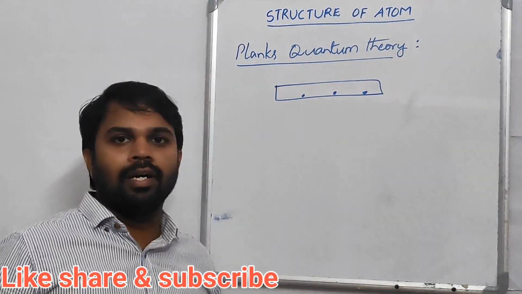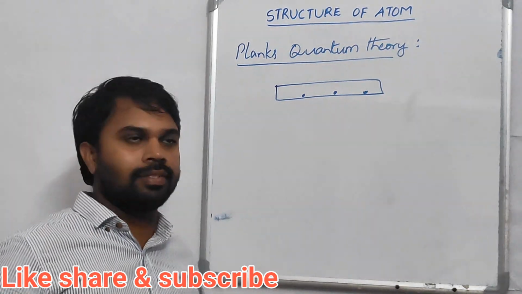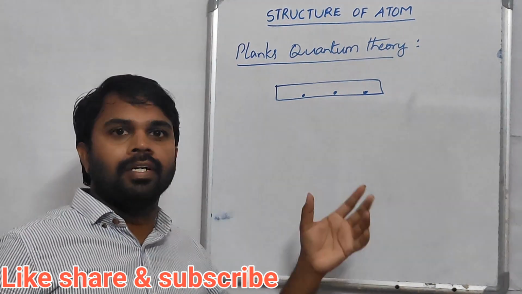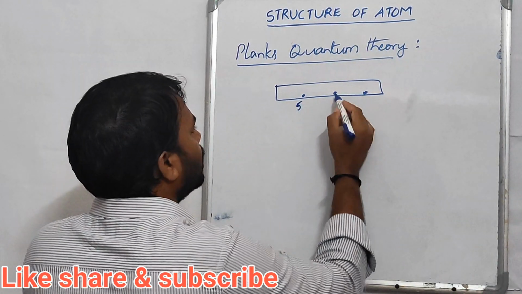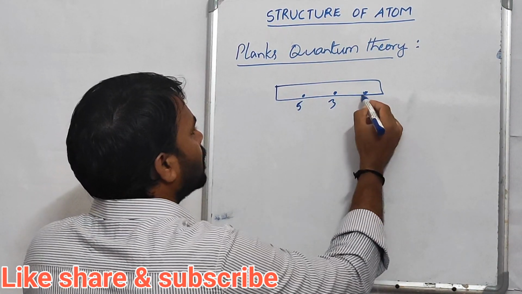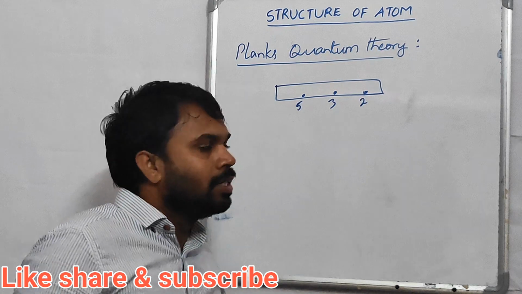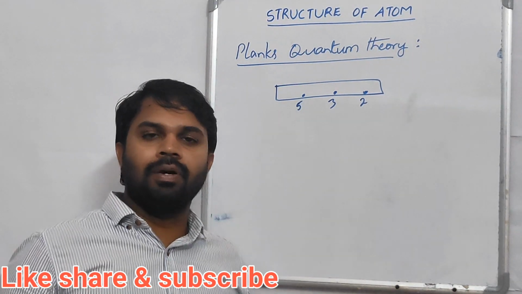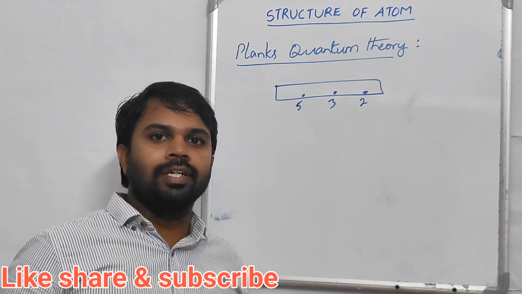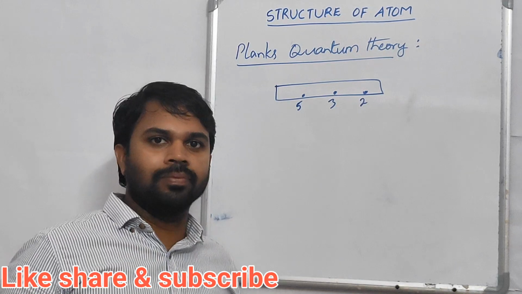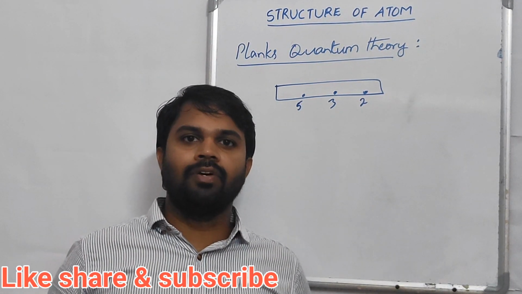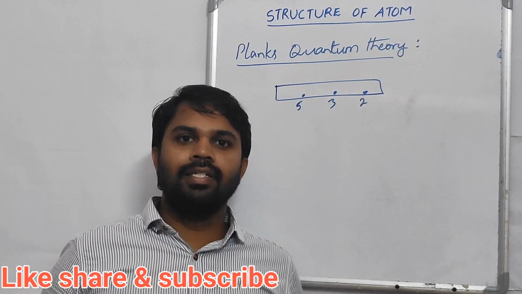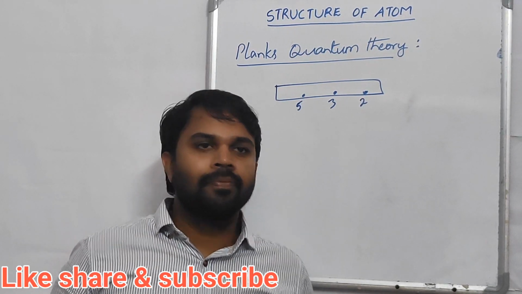These three particles have different vibrations, due to which they absorb different energies. For example, this particle absorbs 5 quanta of energy, this particle absorbs 3 quanta, this particle 2 quanta. They emit the same energy in the form of radiation, due to which different intensities are formed. And the radiation is associated with a definite amount of energy, which means it contains a fixed amount of energy.